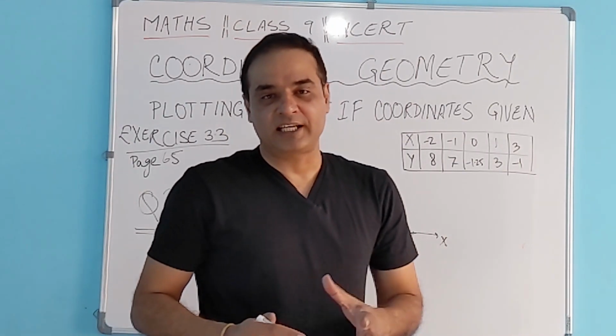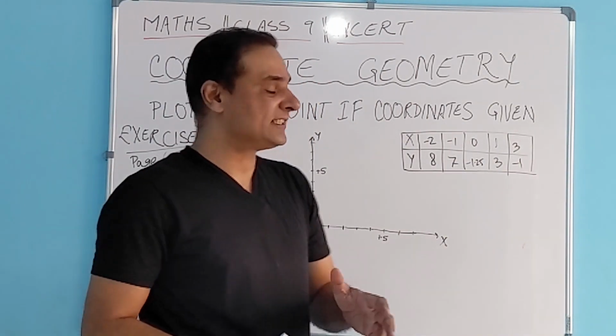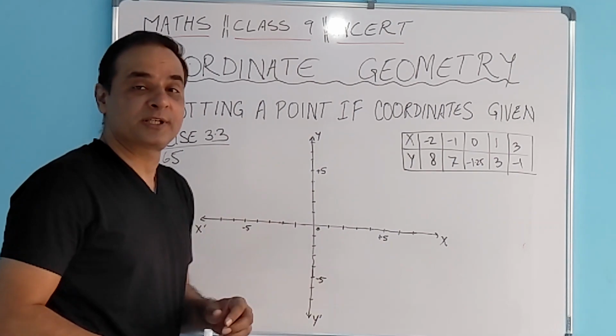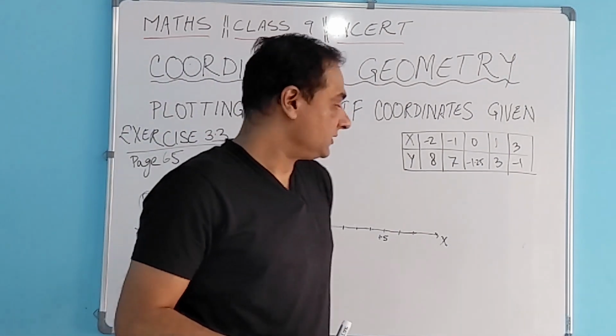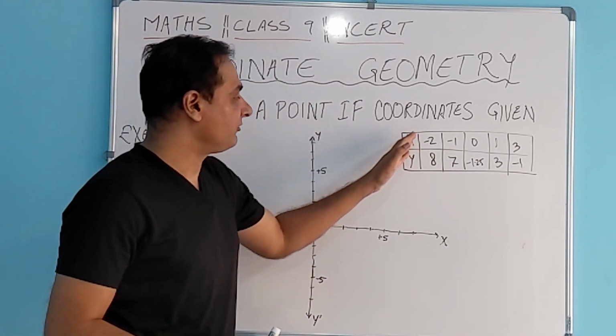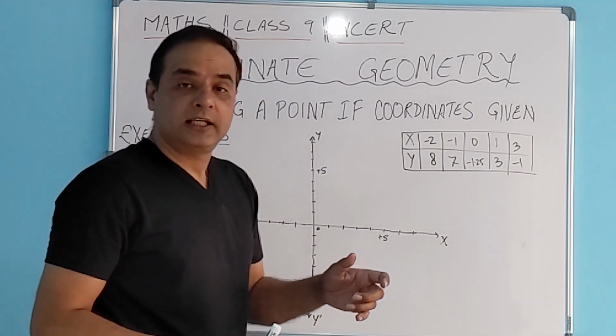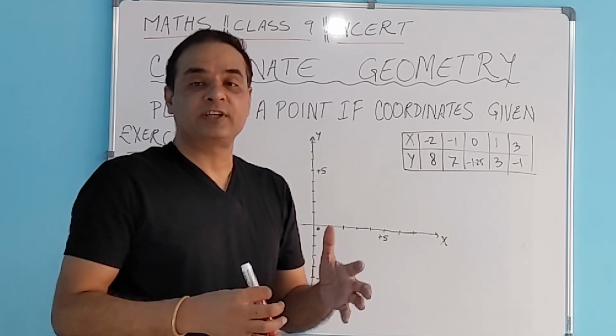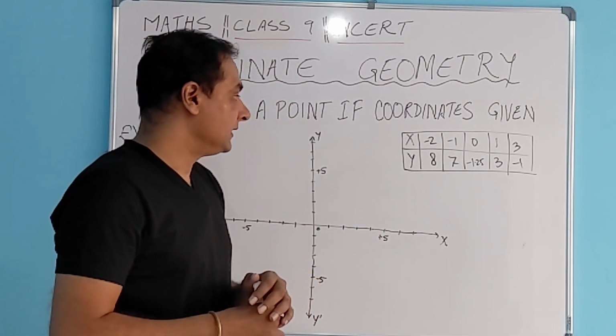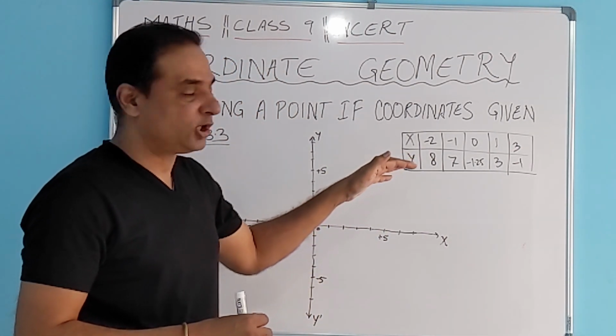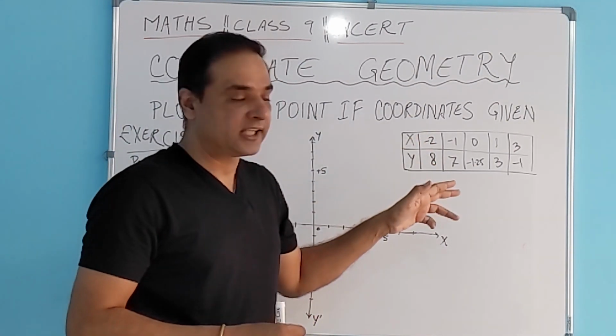So now let's look at question number 2 in exercise 3.3, which is given on page number 65. Here we are given the values of x and y in table form, and the question is that we need to plot these points. अब क्वेश्चन और पॉइंट प्लॉट करने के लिए हमें सिर्फ वैल्यू चाहिए x और y की.